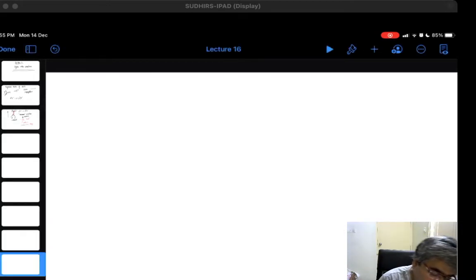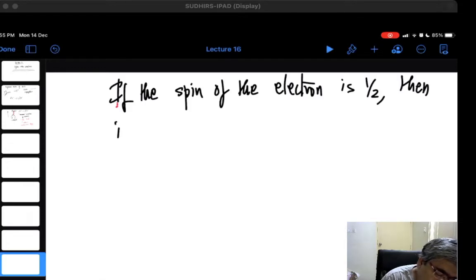If the spin of the electron is half, then its gyromagnetic ratio is 2.